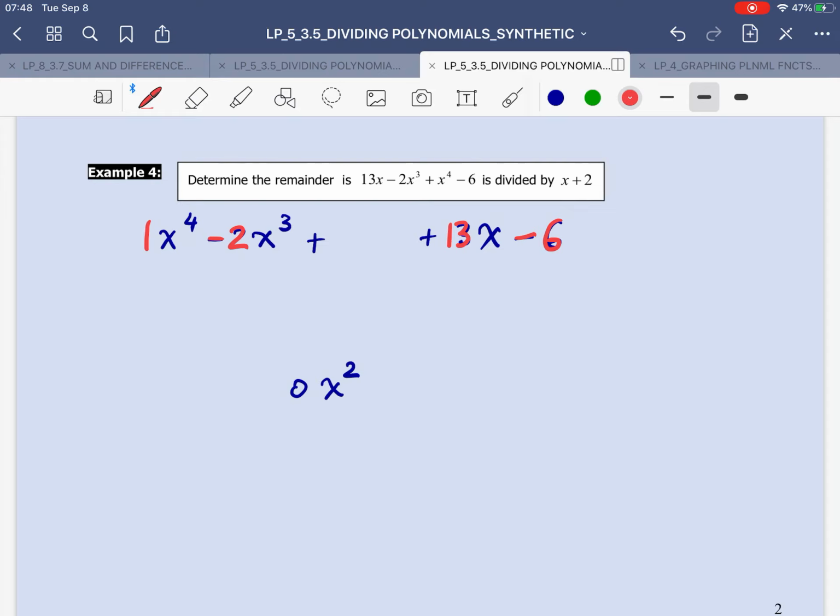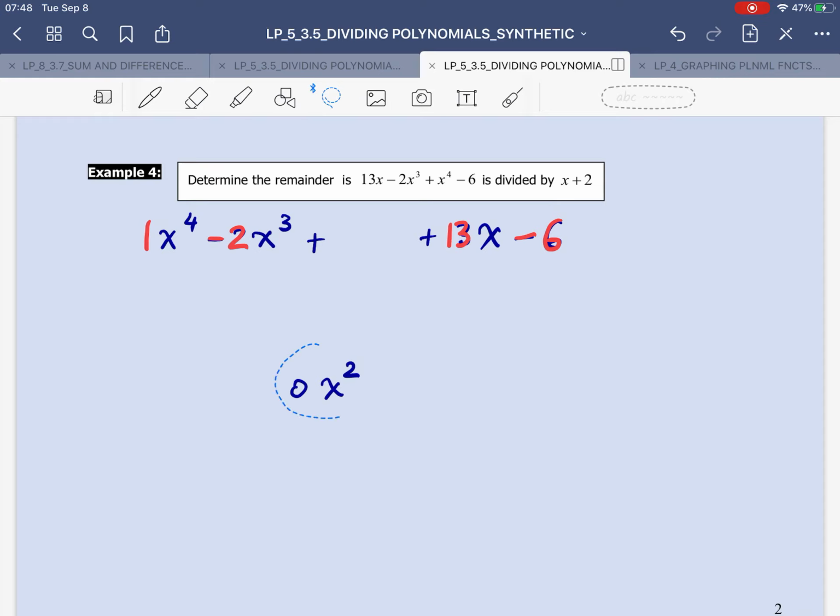If we didn't write the coefficient 0 for 0x squared, then 13 would have been the next coefficient, and that will mess up the order of the terms, and it will actually alter the polynomial expression.